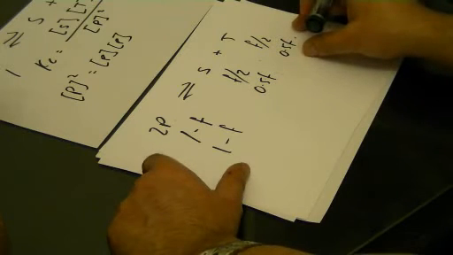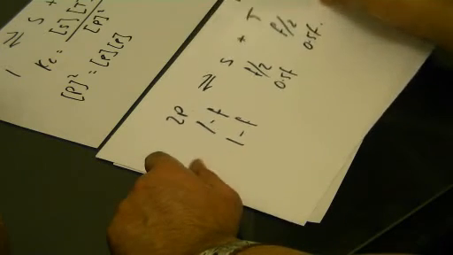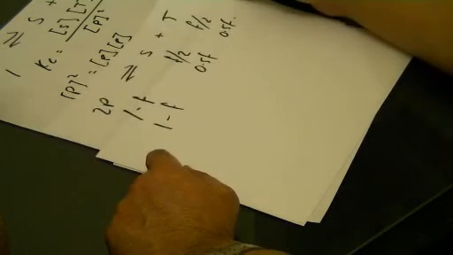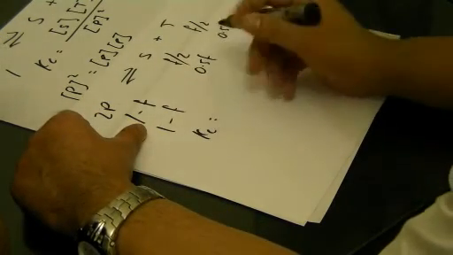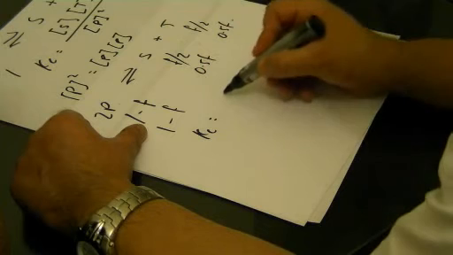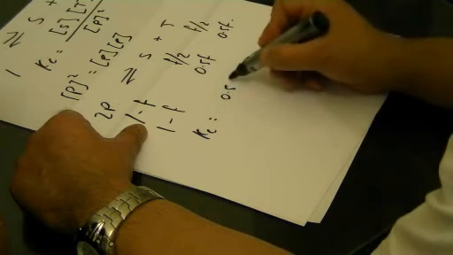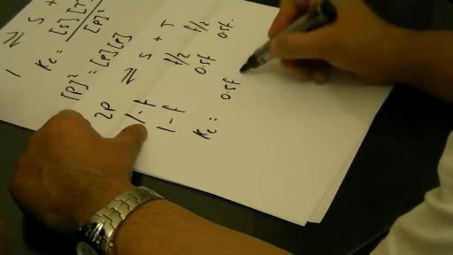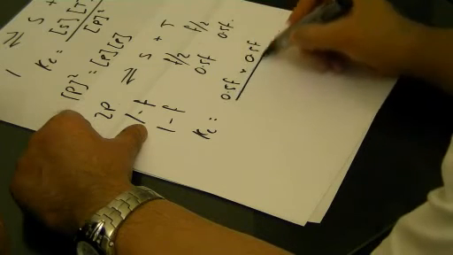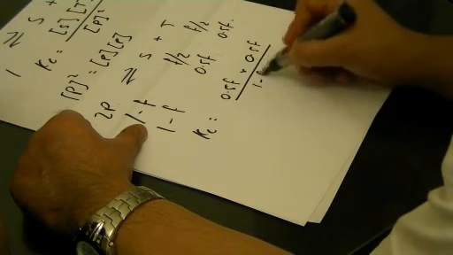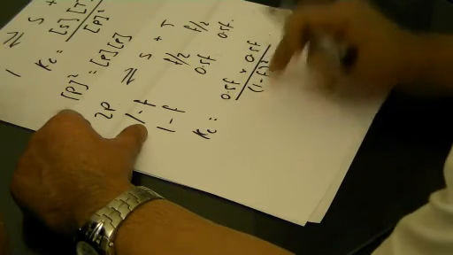Okay. So now I'm going to take my Kc expression and substitute these values into it, which would be 0.5f times 0.5f divided by 1 minus f, and we must square all of it, not just the f.